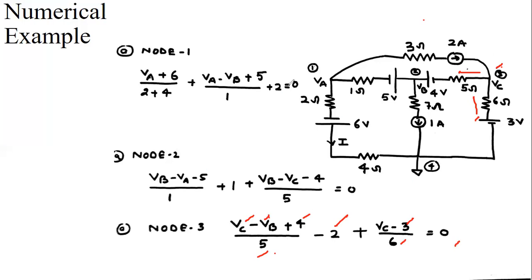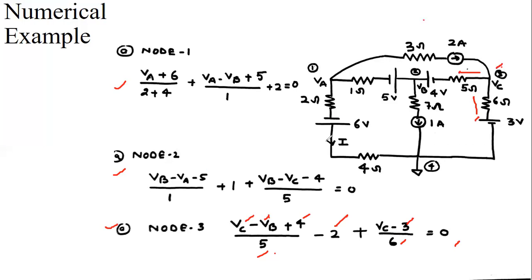Okay, so we have 3 unknown variables, VA, VB and VC, and we have 3 equations, and using these 3 equations we can calculate the values of VA, VB and VC. So ultimately we get the voltage of every node, and current in a branch is always due to the potential difference.